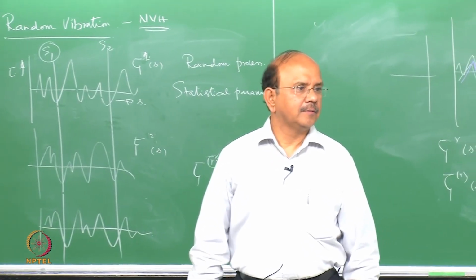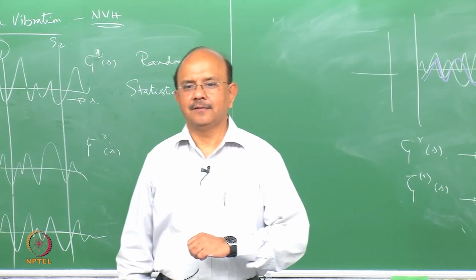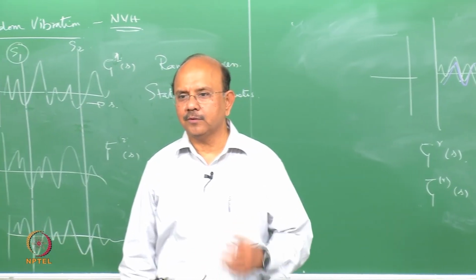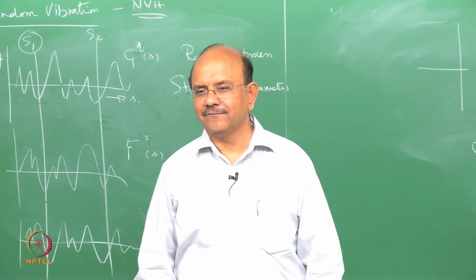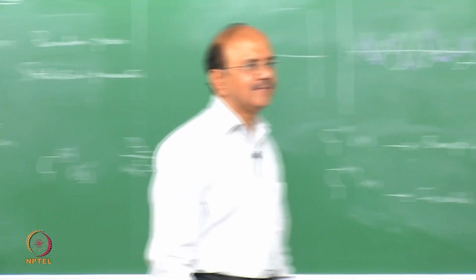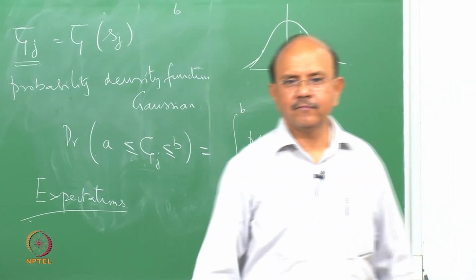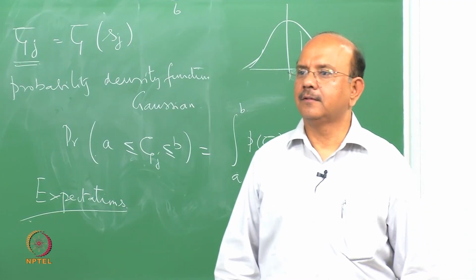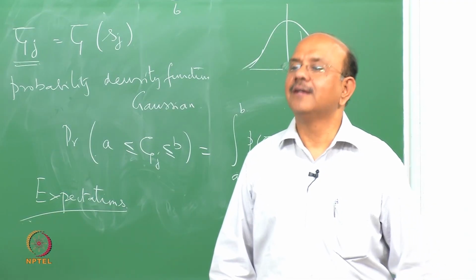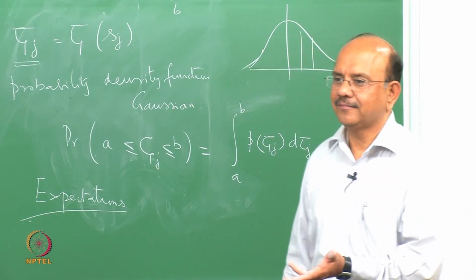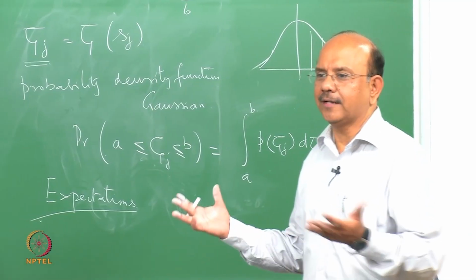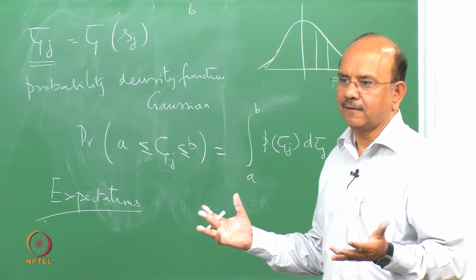Tell me what value you would get. How do I calculate it? 1 into 1 by 6 plus 2 into 1 by 6. Yes, exactly. Sum it up and you will get the expected value.